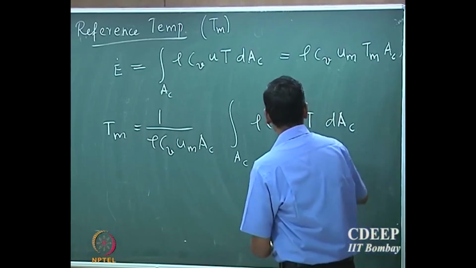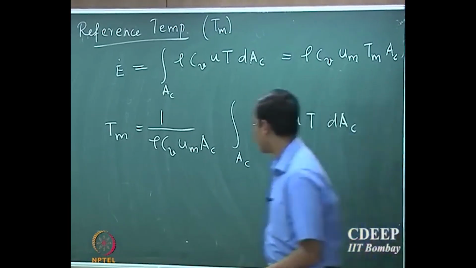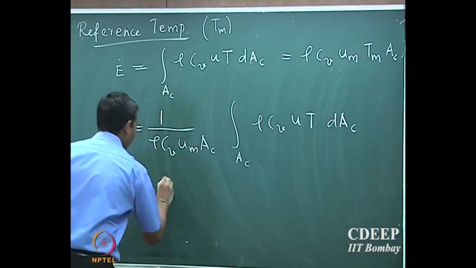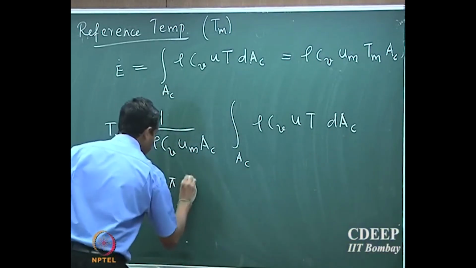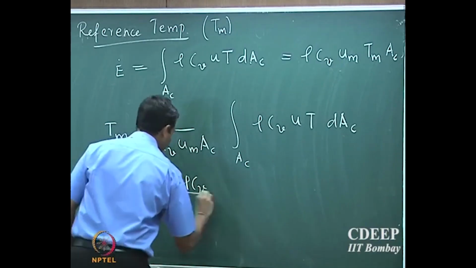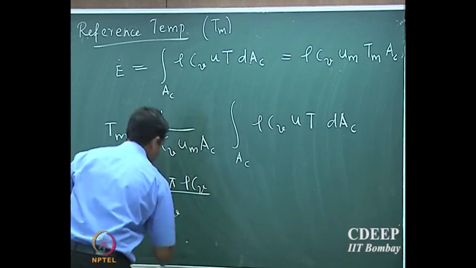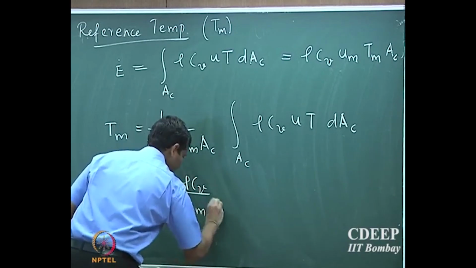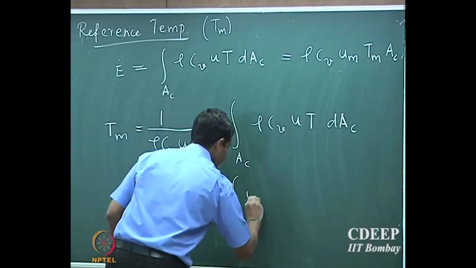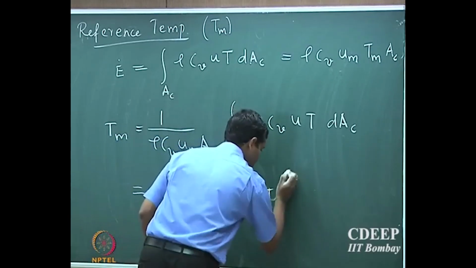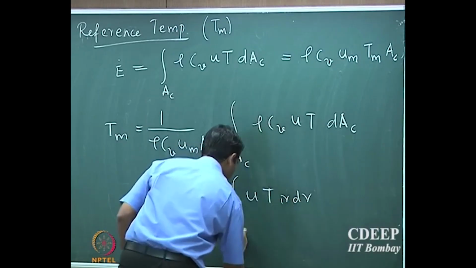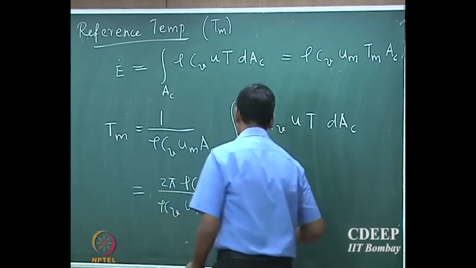So I can, dAc is nothing but 2 pi r dr. So that will be 2 pi into rho Cv if it is incompressible fluid, Ac, u into T into r dr, 0 to r. Okay.